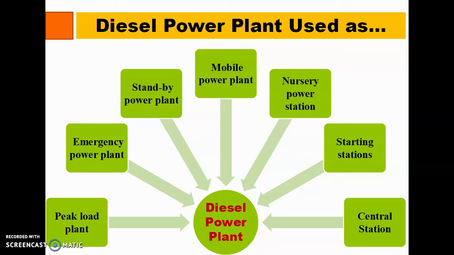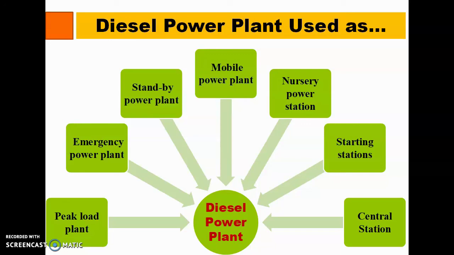Then nursery station means it can be used in combination with a hydropower plant, where the large plant cannot reach small areas of the town, so the diesel plant is used to provide energy to that area where the large plant cannot reach. So it can be used as a nursery power station.